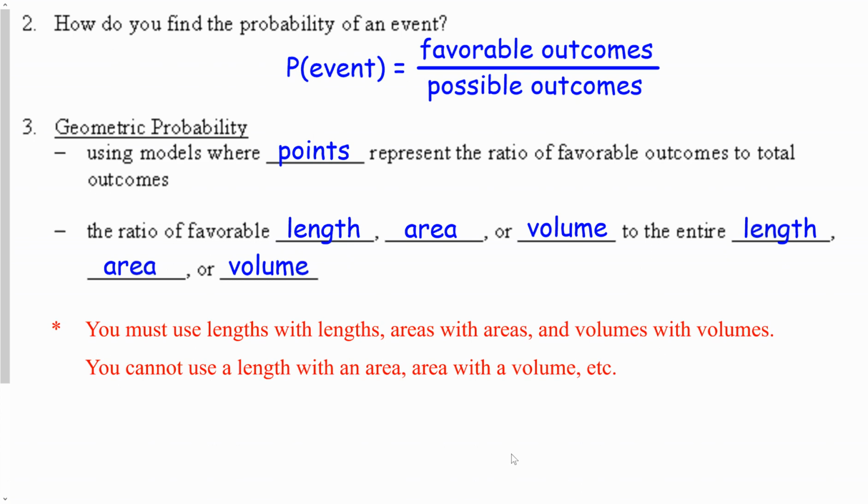You're never going to compare a favorable length to an entire area or an area with a volume or anything like that. It always has to be the same type of measurement that you are using for your favorable value and for your entire or possible value.